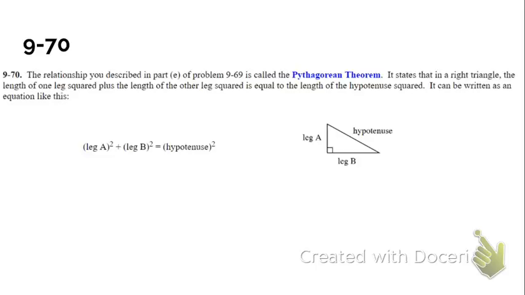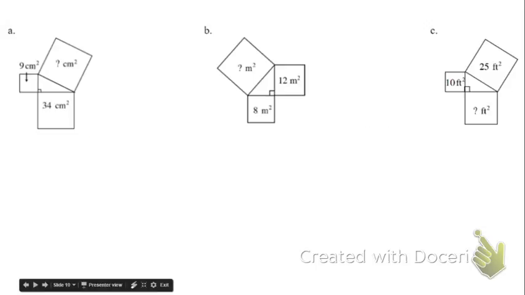It states that in a right triangle, the length of one leg squared plus the length of the other leg squared is equal to the length of the hypotenuse squared. There's another great example of how to write it out with words. It can be written in an equation like what we see below: leg A squared plus leg B squared equals hypotenuse squared. In each of these, you need to identify the missing value.